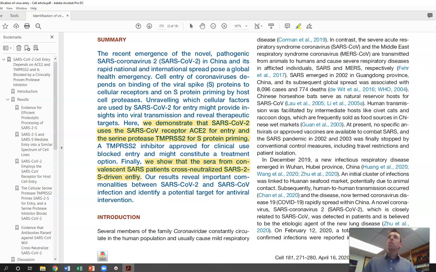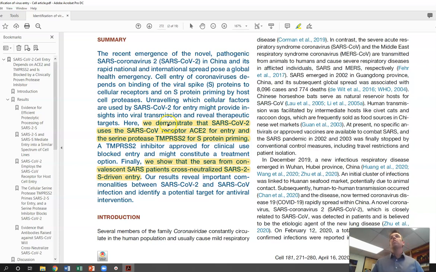And so all these things we can get from the abstract, and that right away is going to give us a little bit of insight into what this whole article is going to be about. And we'll already start to make understanding those figures easier, because those figures should point towards the fact that ACE2 is the receptor and TMPRSS2 is needed for priming.